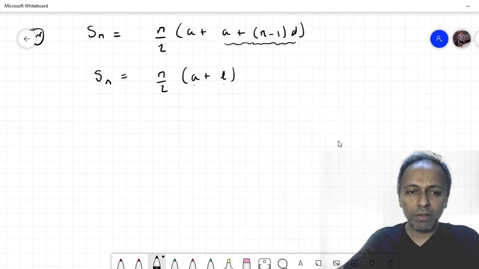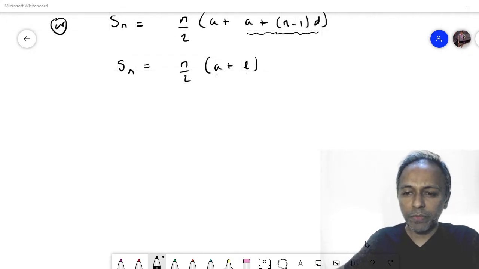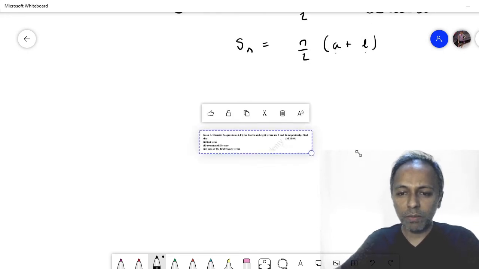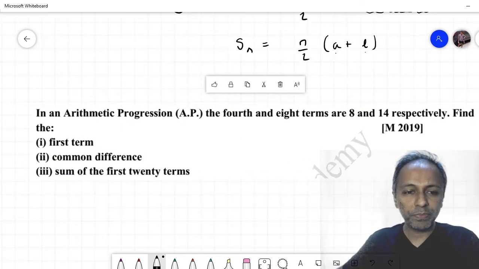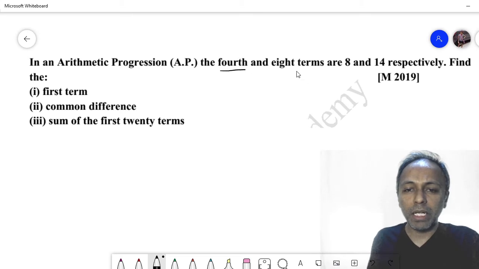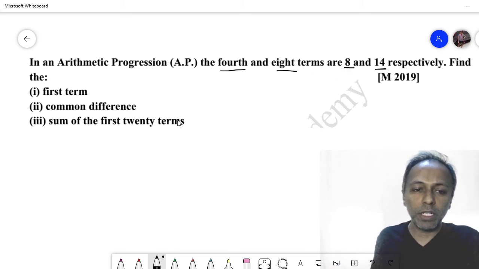Let us see one problem, a recent board problem of this type. Let's see how the questions come. This AP topic has been introduced just recently, so we don't have many questions on this. One more question that we can find is a 2019 question. The question is, in an arithmetic progression, the fourth and eighth terms are 8 and 14 respectively.